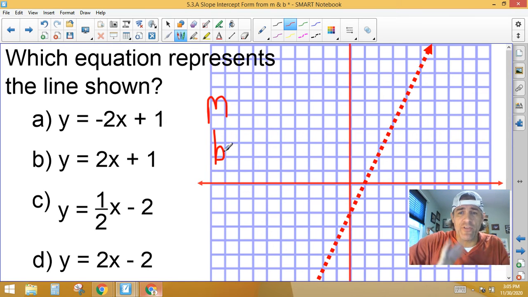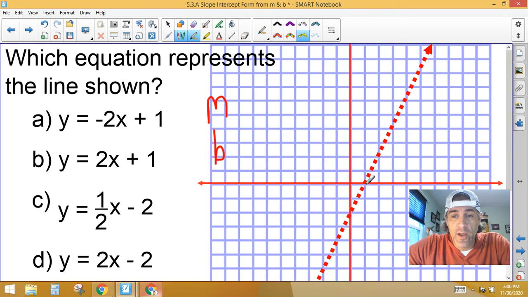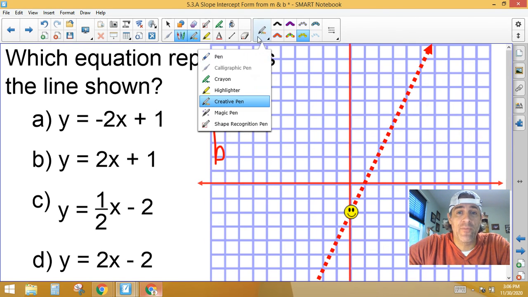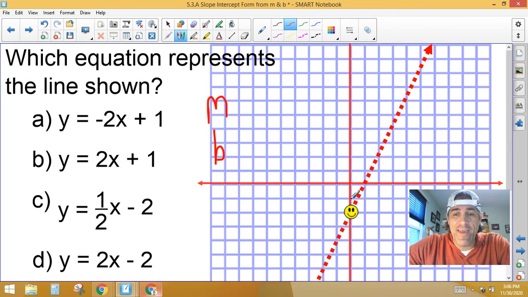Can I just look at the graph and identify the slope, or can I identify the y-intercept just by looking at it? Exactly, the y-intercept. I can look along the y-axis and see where this line crosses the y-axis. I'm going to get my smileys. Here, this is the x-intercept. That does not matter in this. I'm more worried about the y-intercept. And the y-intercept is going down 2, so it's negative 2.